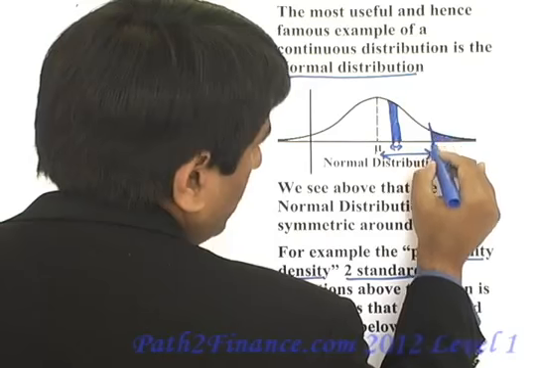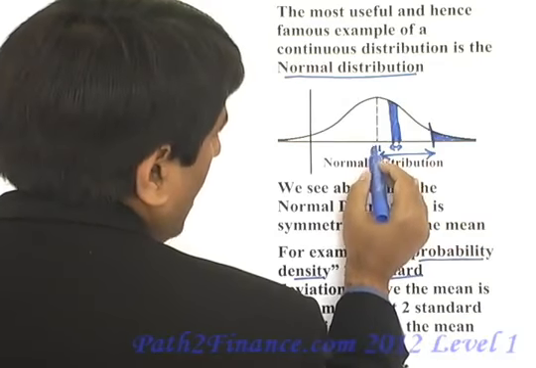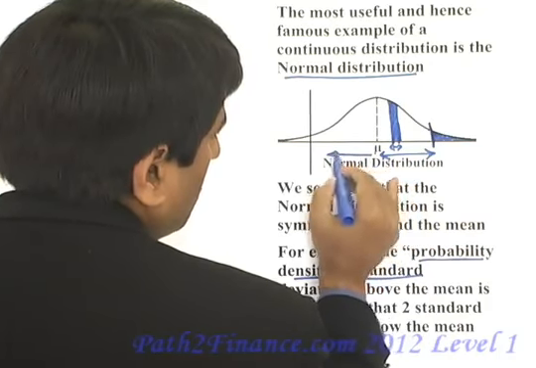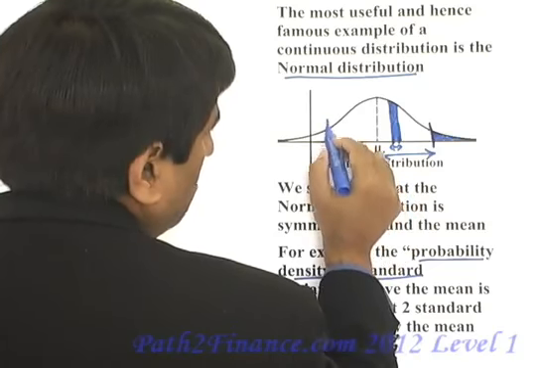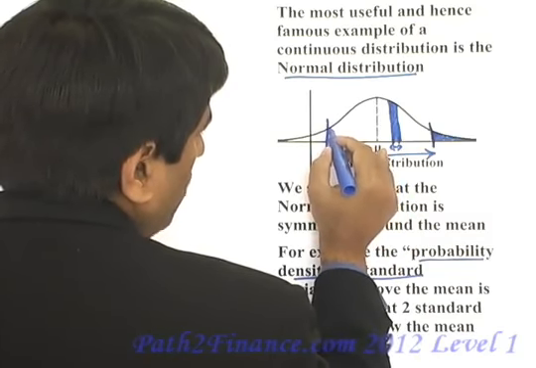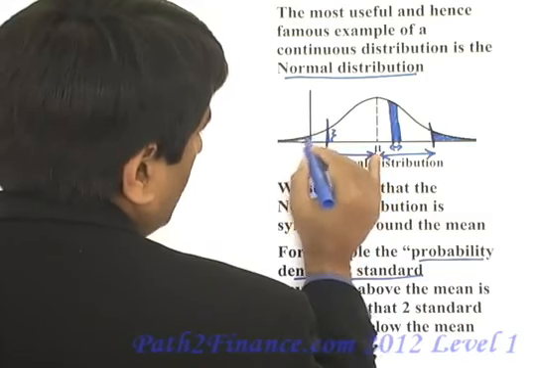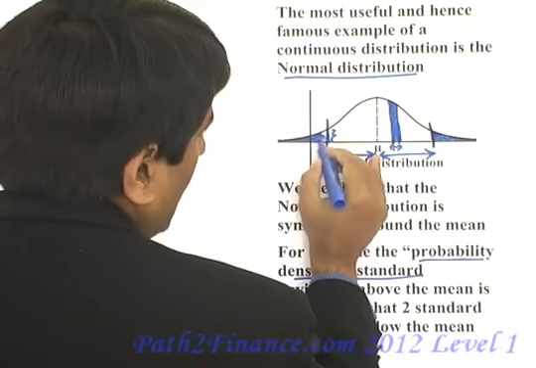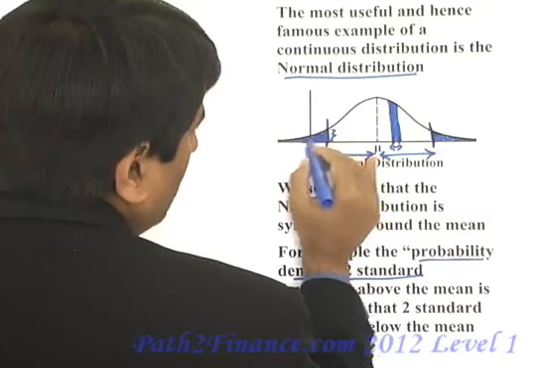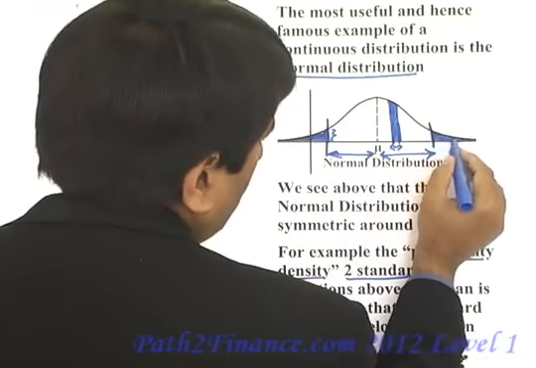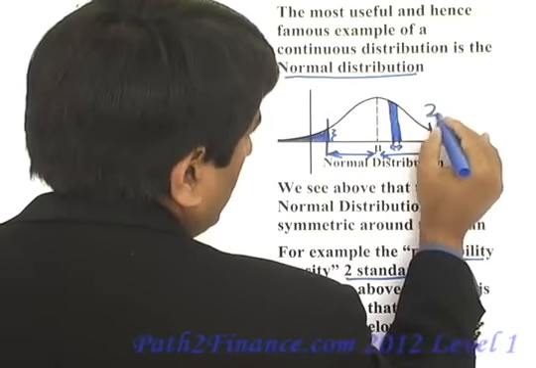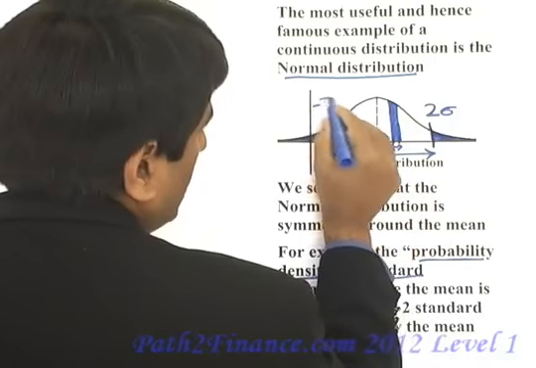The density would be the same as 2 standard deviations below the mean. The probability that the variable will be greater is given by this area, which will also be equal to this area. So this is 2 sigma and this is minus 2 sigma.